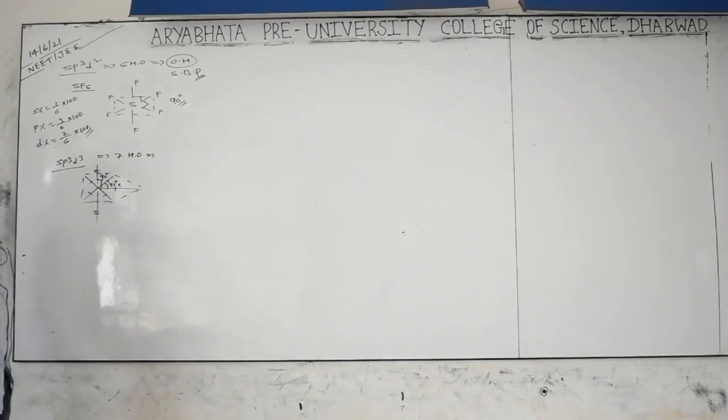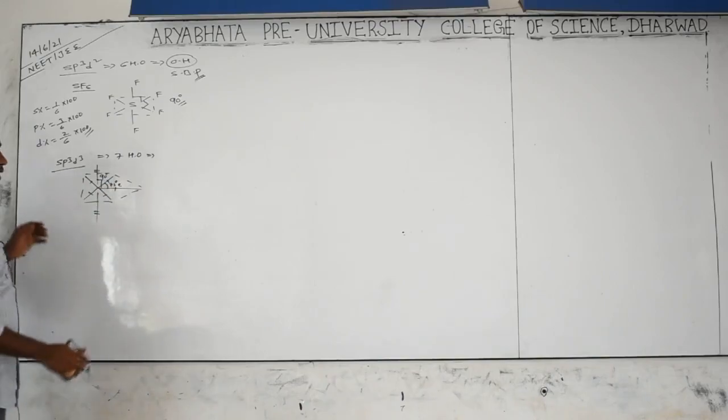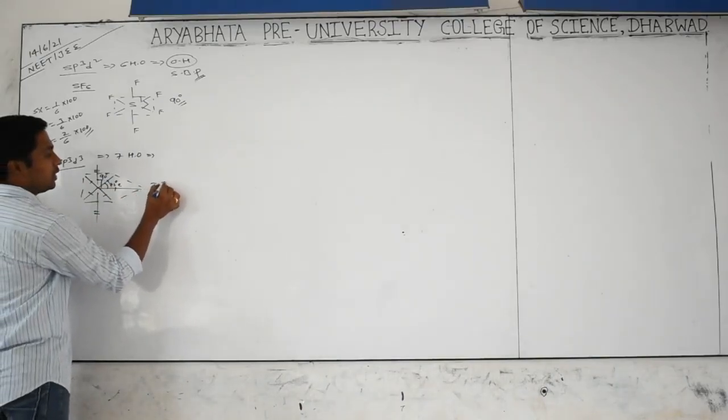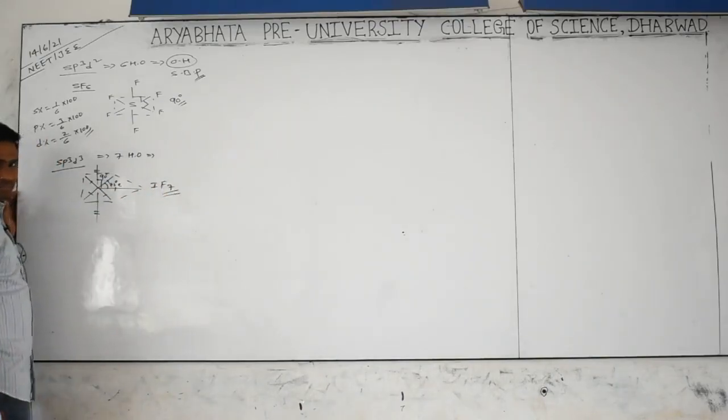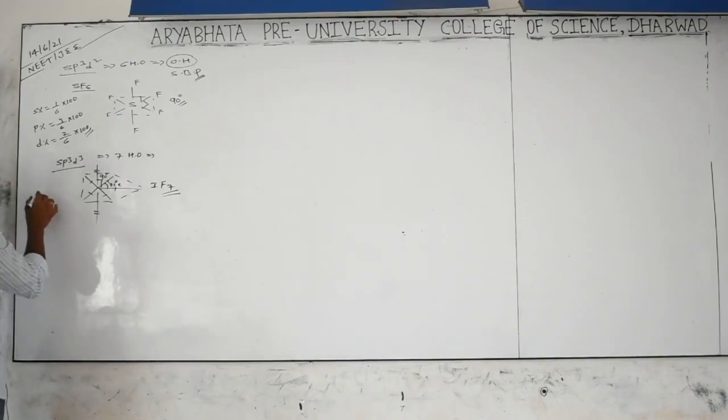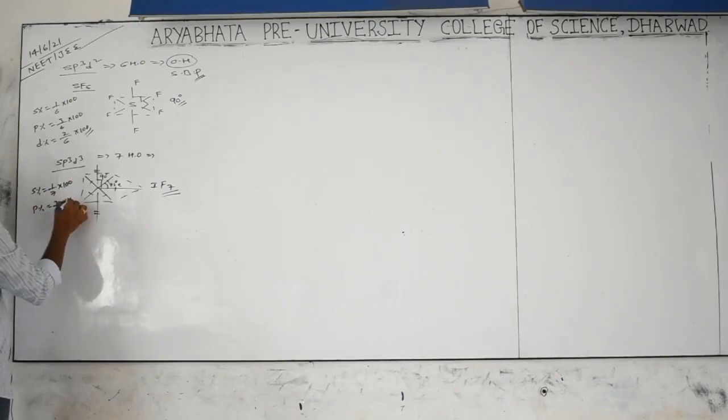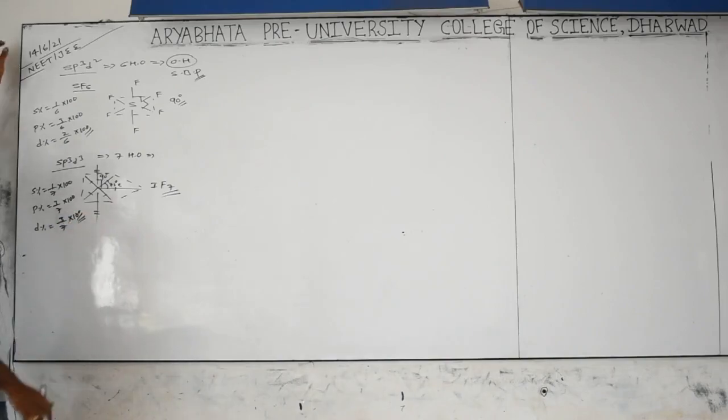Here the equatorial bonds have more repulsion because the angle is less. So here axial bonds are stronger and equatorial bonds are weaker. The best example is iodine heptafluoride. The S character percentage is 1 by 7 into 100, P character is 3 by 7 into 100, and D character percentage is 3 by 7 into 100.